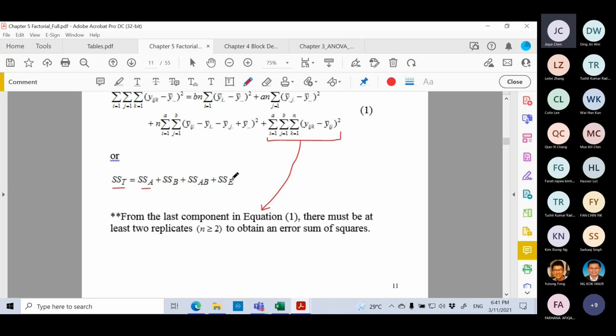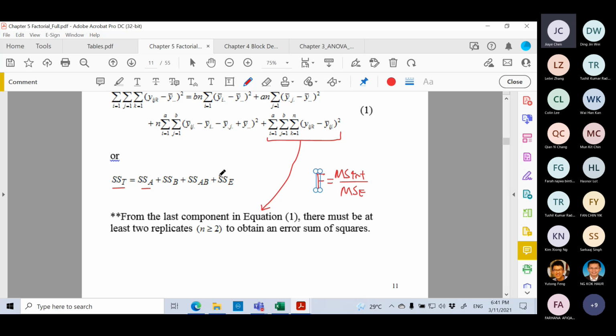If the SSE is equal to 0, you cannot perform the F test anymore, because you don't have the error to divide by. If you recall the F distribution in your single factor, in chapter 3 or chapter 4, you have MS for the treatment divided by MS for the error.